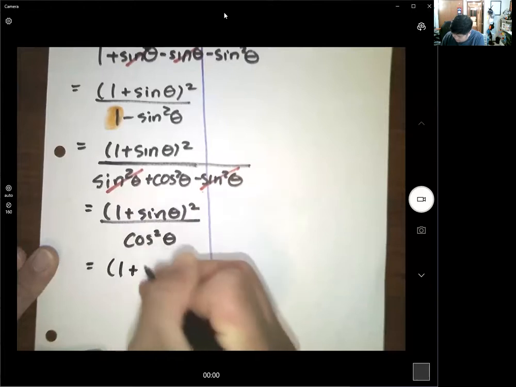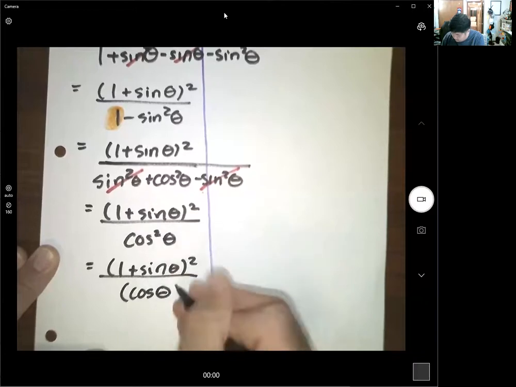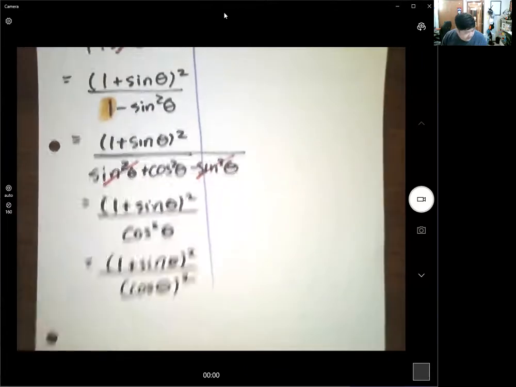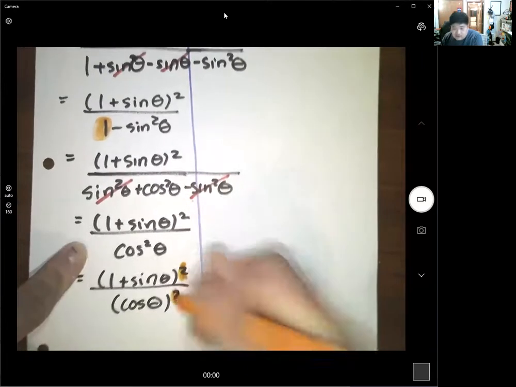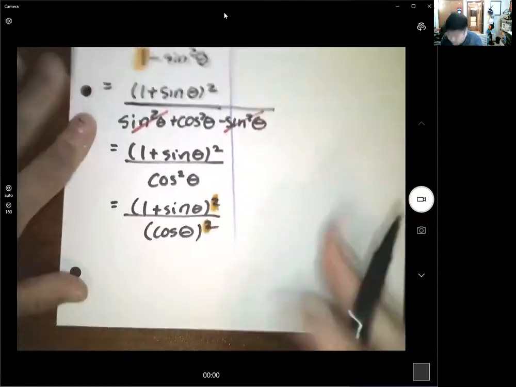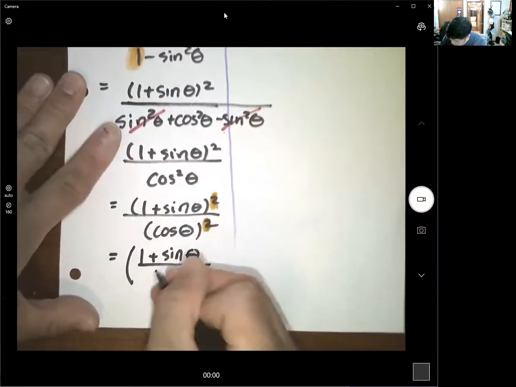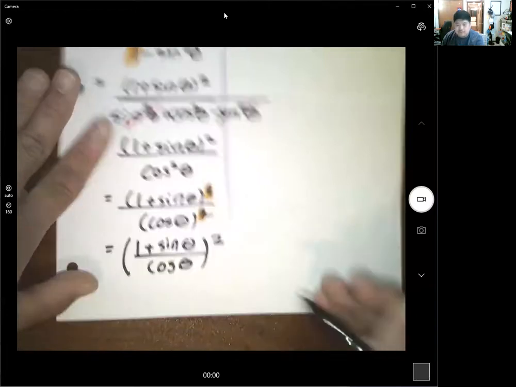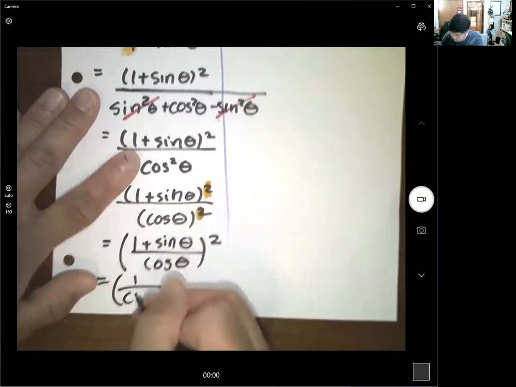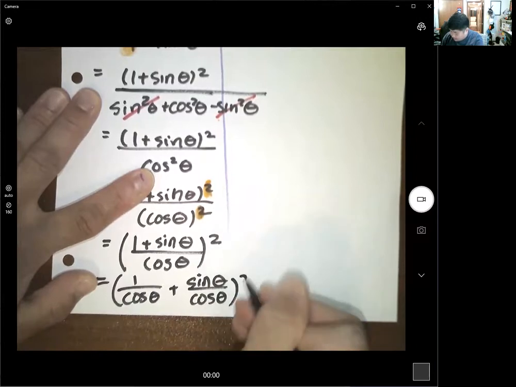But again, as I just alluded to, that cosine squared theta can be written as cosine of theta squared. And then you see how the numerator and the denominator are both the quantity squared. So then I could actually rewrite this, using the rules of exponents, as 1 plus sine of theta all over cosine of theta, squared. And then I'll break this into two fractions as 1 over cosine of theta plus sine of theta over cosine of theta, squared.